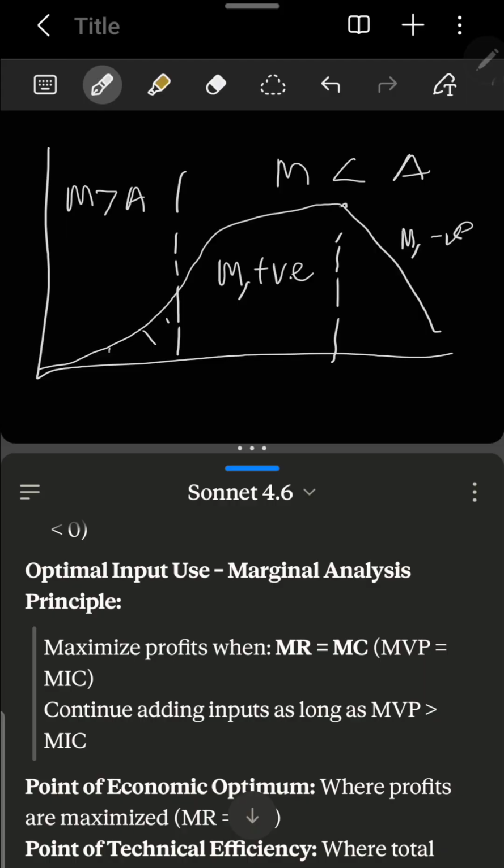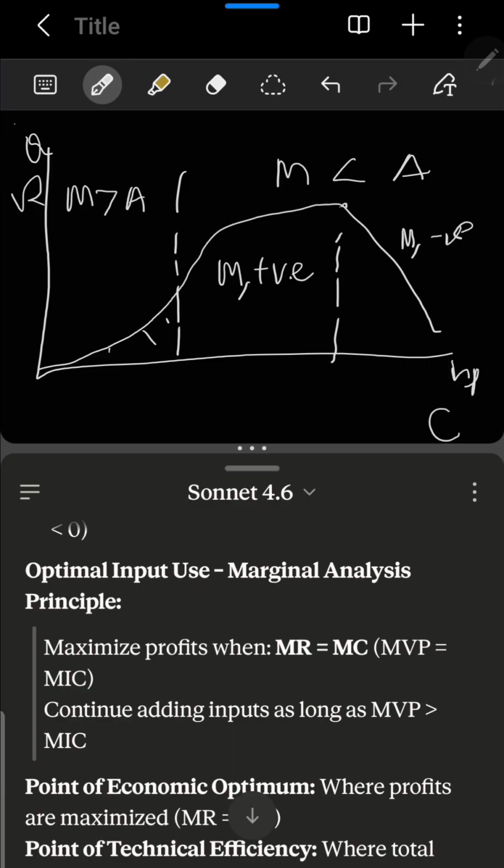This is input and output, right? Input you can talk of as costs, and output as revenue. So you want to reach a point where they are equal. That's where you stop. Marginal value product must be equal to the marginal input cost.